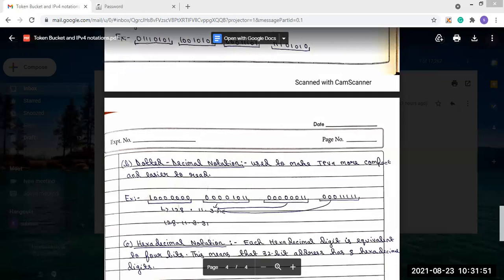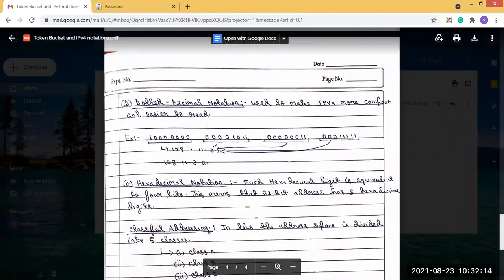These two notations are the important ones, and we use them in the addressing of IPv4.